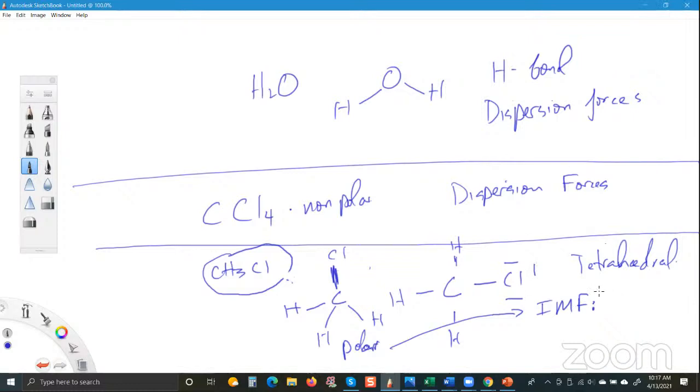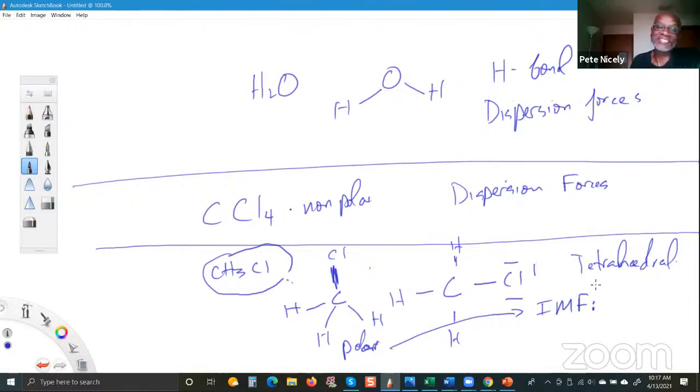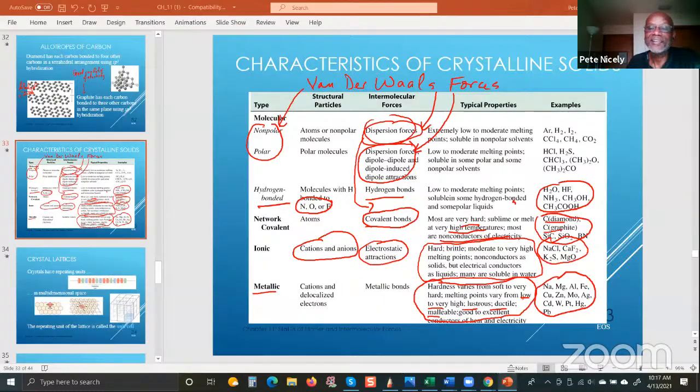Well, what I'm asking is the type of intermolecular forces that exist, whether it would be hydrogen bonding or dispersion forces or ionic bonding, like the chart I showed you before, this chart, right? Would it be dispersion forces or dipole-dipole forces or hydrogen bonds or covalent bonds?